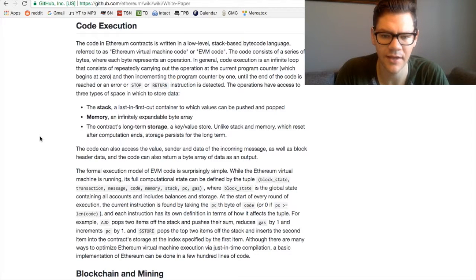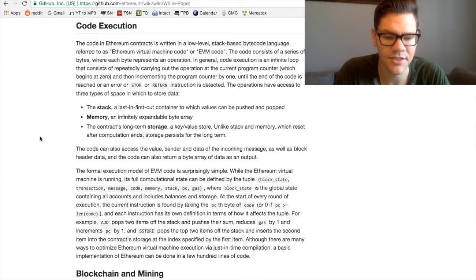Unlike stack and memory, which reset after computation ends, storage persists for the long term. The code can also access the value, sender, and data of the incoming messages, as well as block header data, and the code can also return a byte array of data as an output.